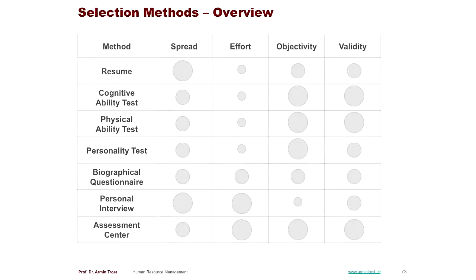I will not ask you about the size of the circles in these different boxes. But you should understand why we believe that an assessment center, for instance, is more objective than an interview. You will be able to do this when you follow my presentation.